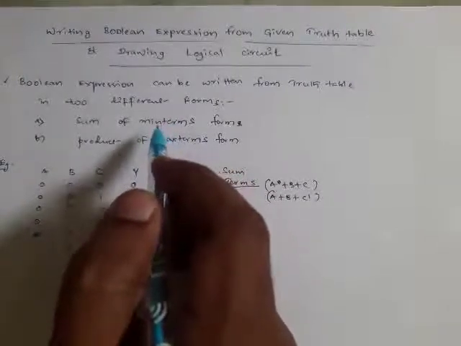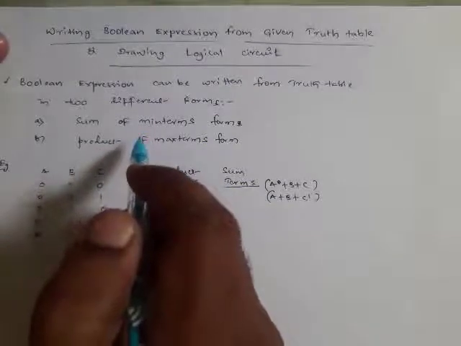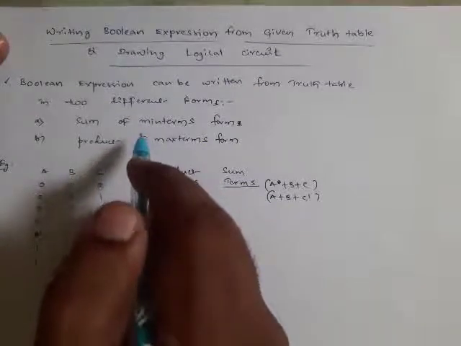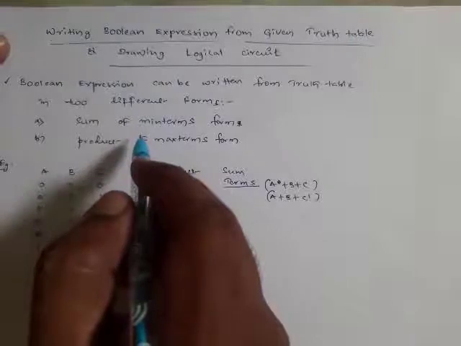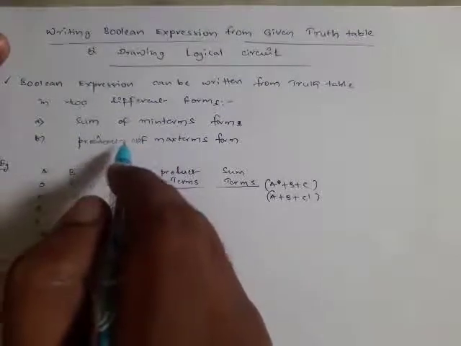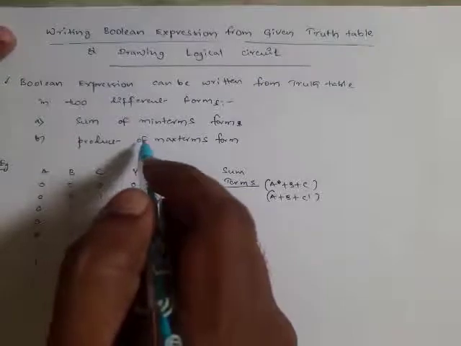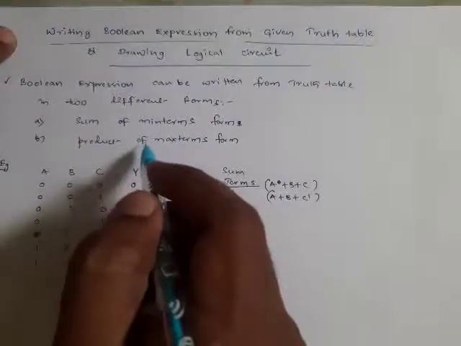The second form is writing the Boolean expression in product of maxterms form, or product of sum terms form.